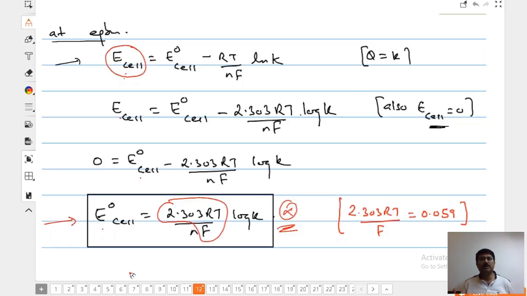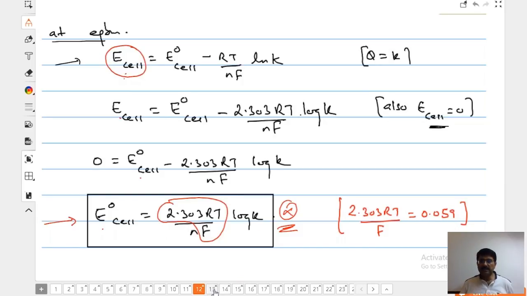So these are two important thermodynamic parameters. Smriti, you were asking something? E naught cell is the standard which was expected, and E cell is what you are obtaining, beta.